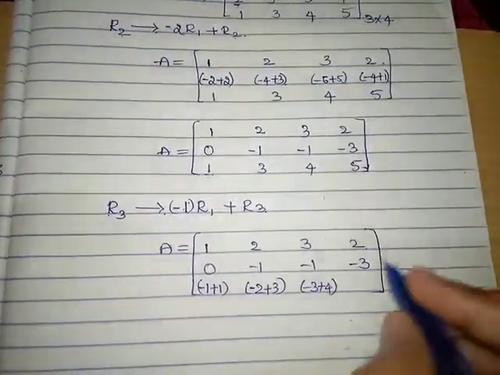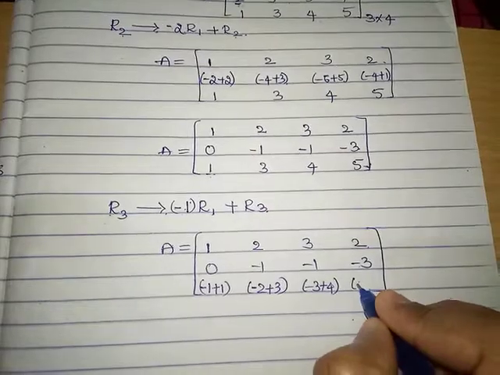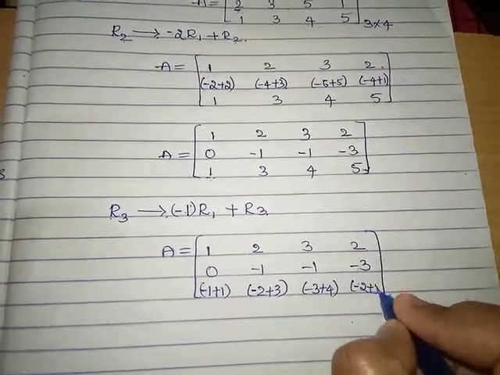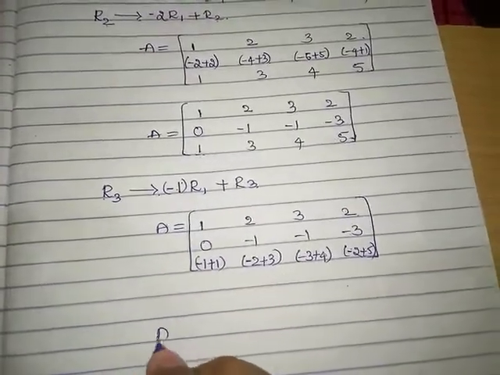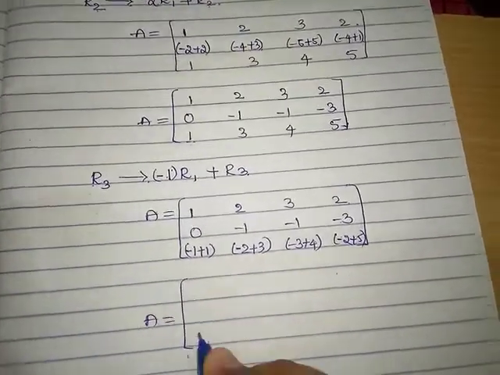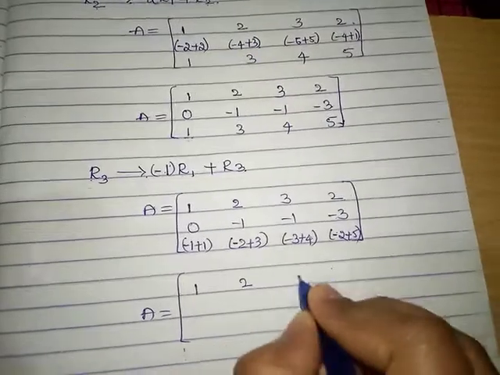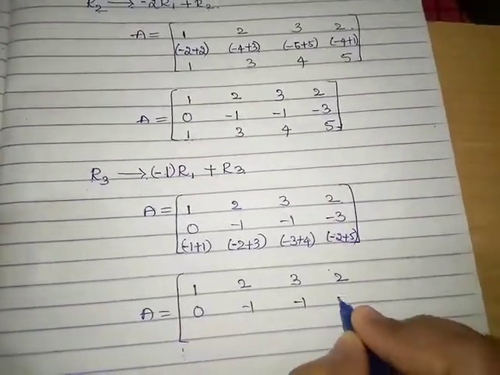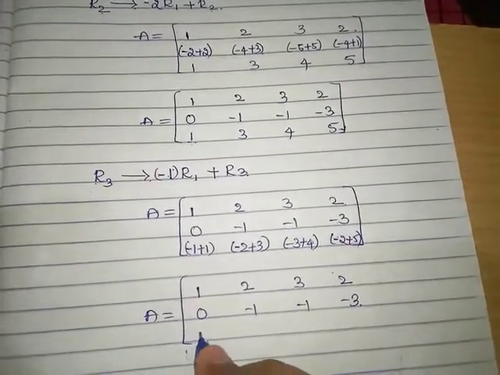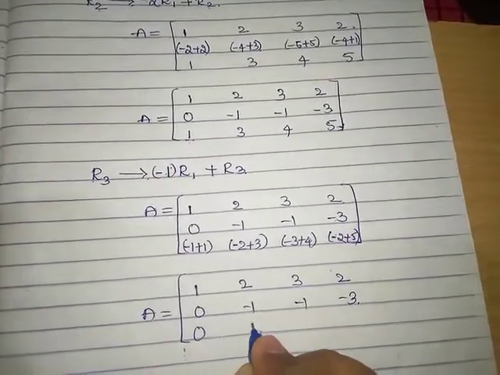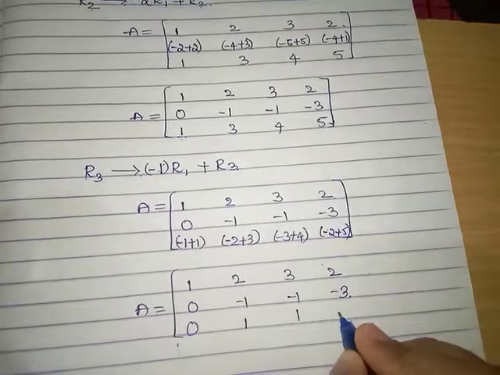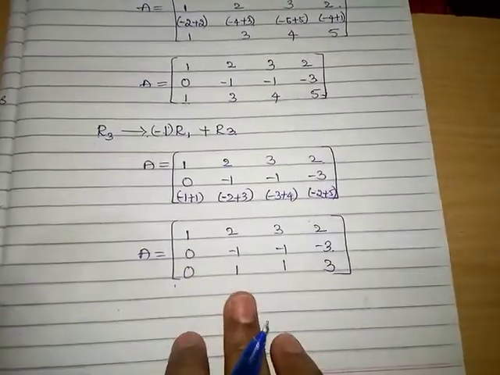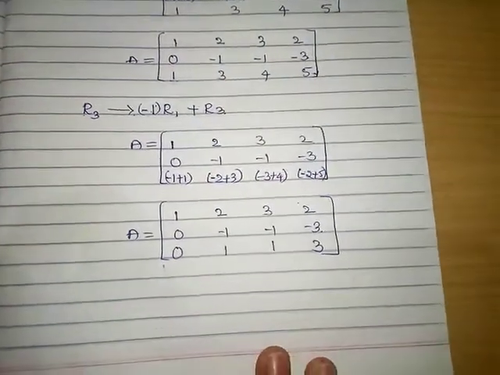Minus 1 into 2 is minus 2 plus 5. Then matrix A is equal to 1, 2, 3, 2, 0, minus 1, minus 1, minus 3. This is 0. This is 1, 1, and here it is 3. Okay, this is the matrix after the transformation.